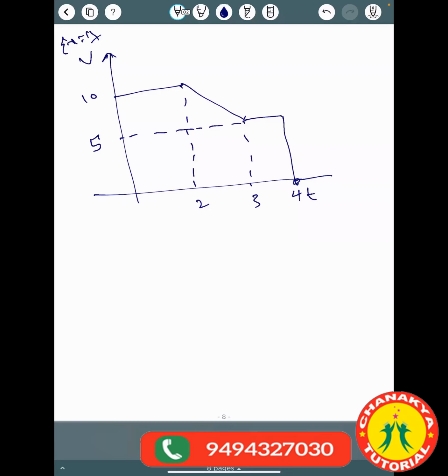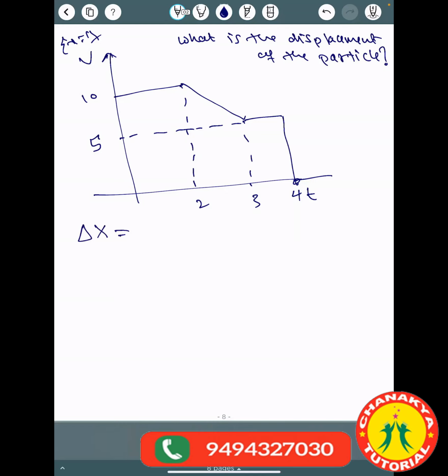Okay. What have they given? They have given a velocity time graph. What you have to do? We already discussed in the last slide that the area under the velocity time graph gives me the change in position, that is nothing but displacement.